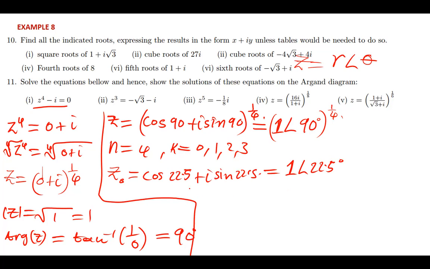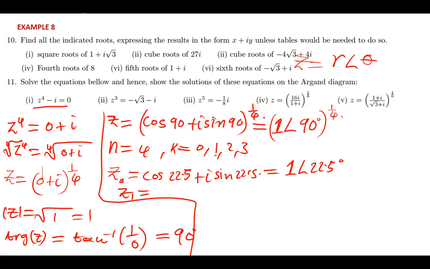So the other z, z1, will be 360 times 1, since the first value of k will be 1. So 360 times 1 is 360, plus 90, that's 450.